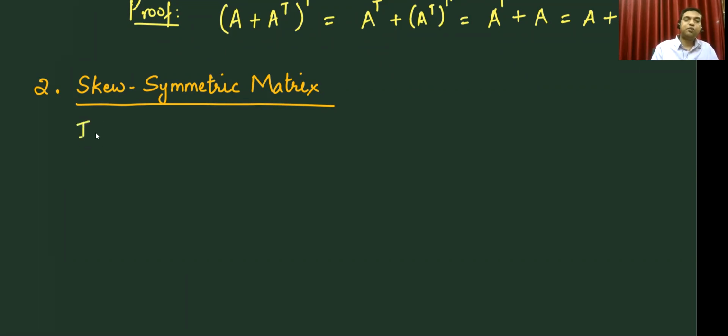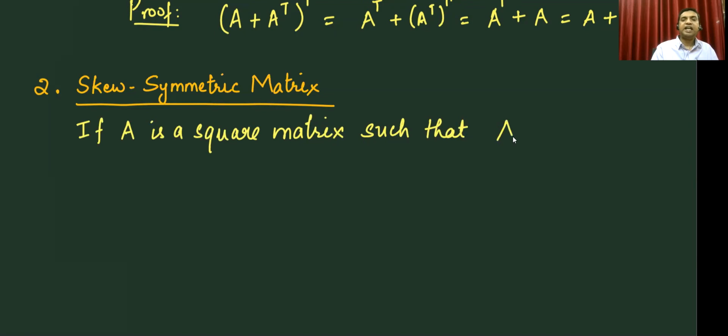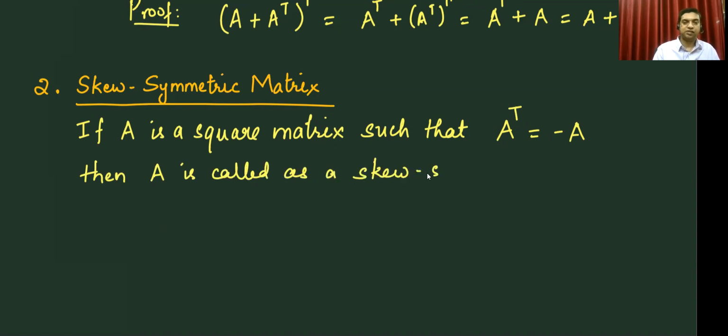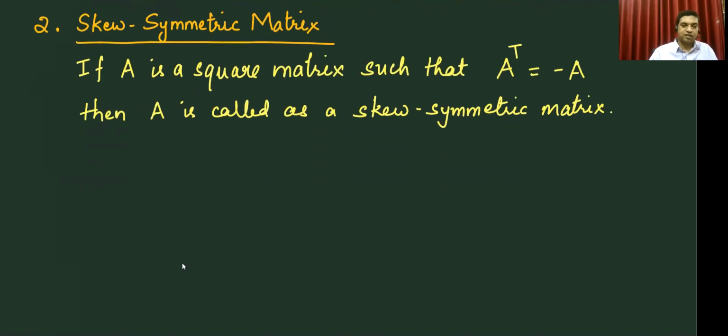So if A is a square matrix such that A transpose is minus A, then A is called a skew symmetric matrix.